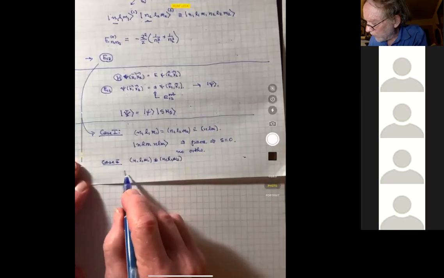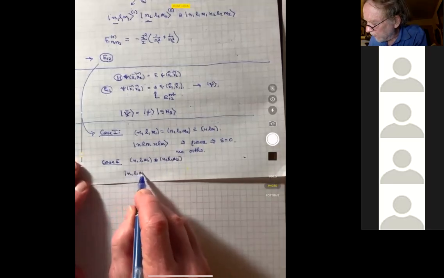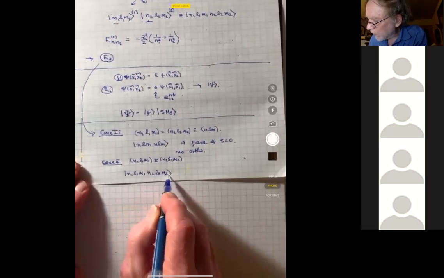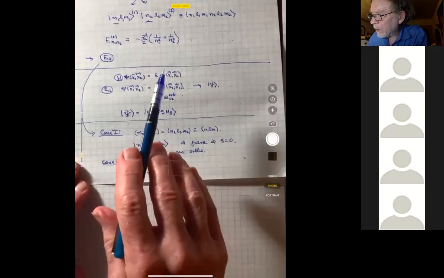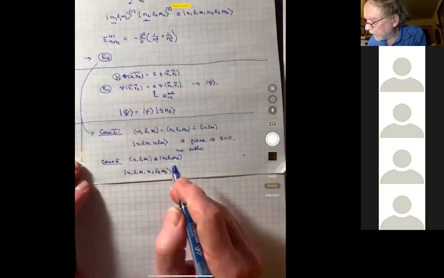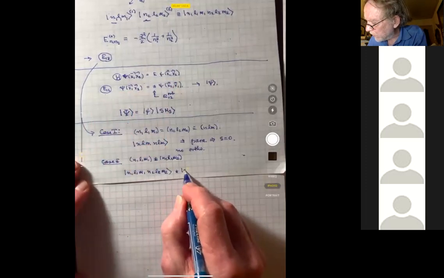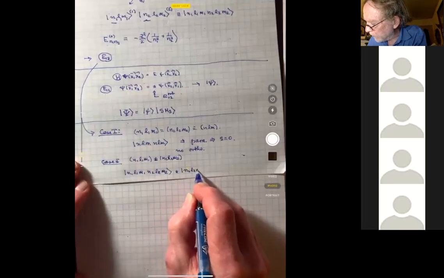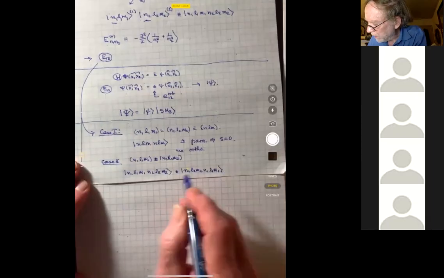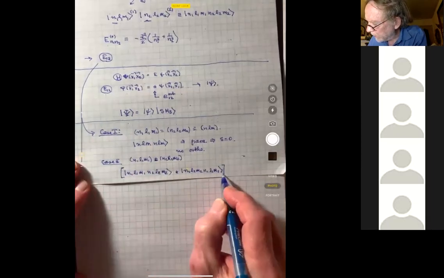We write it this way: |n1 l1 m1, n2 l2 m2>, that's this product state we introduced up above, and then we plus and minus what we get by exchanging it, |n2 l2 m2, n1 l1 m1>, like that. And then to normalize it, we divide by the square root of 2.